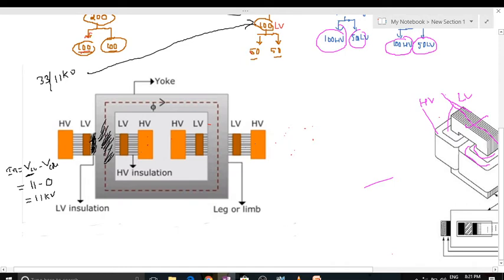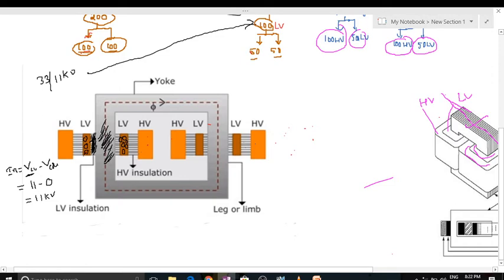After the insulation, we should surround the winding. This LV winding has more cross-section area and fewer turns.